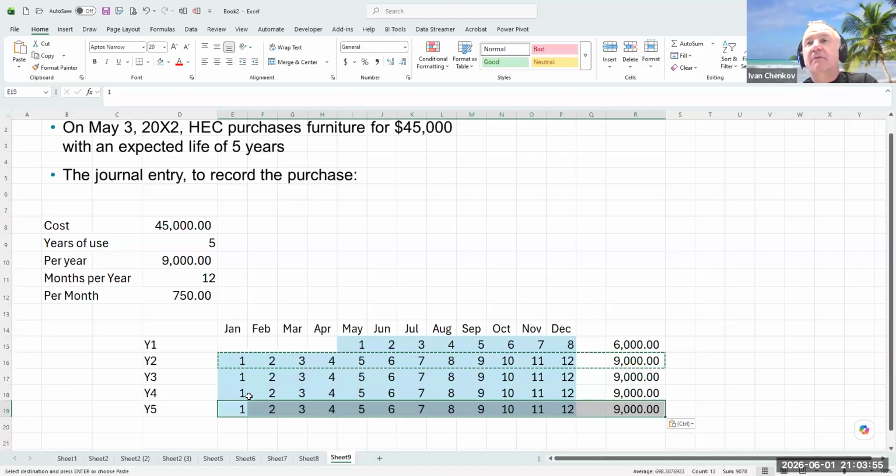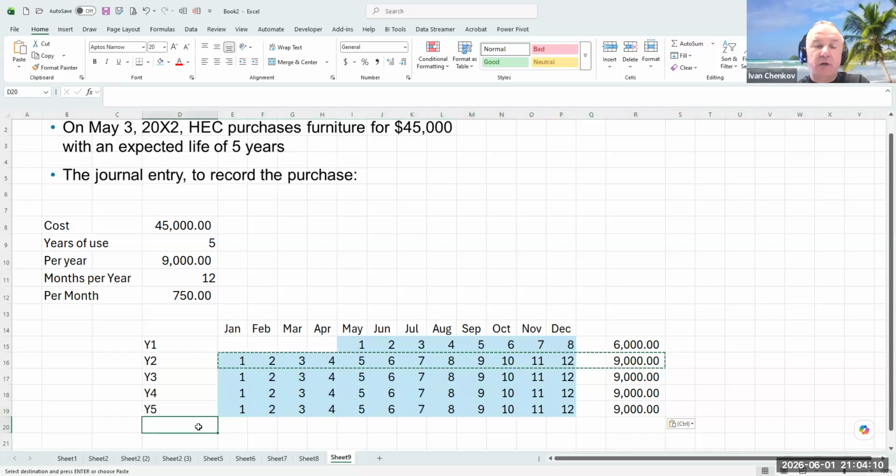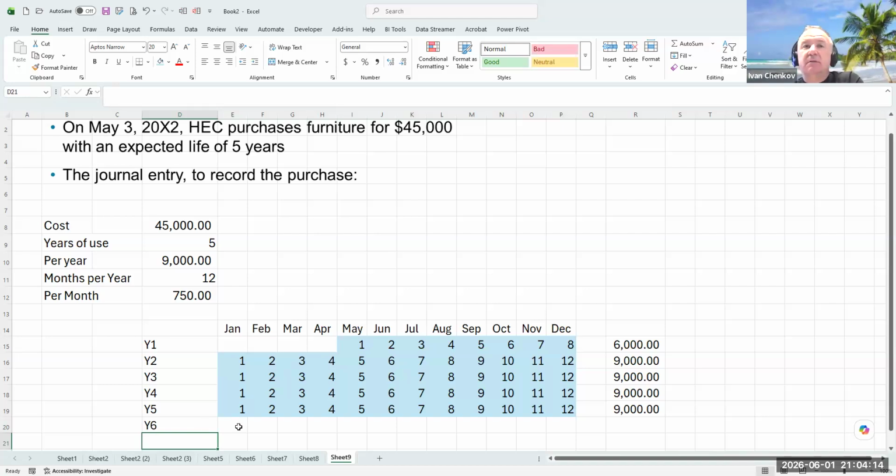Now, at the end of year 5, do I have 5 years? Did I use the machine for 5 years? No. So what do I have to do? I have to add year 6. How many months do I need from year 6?